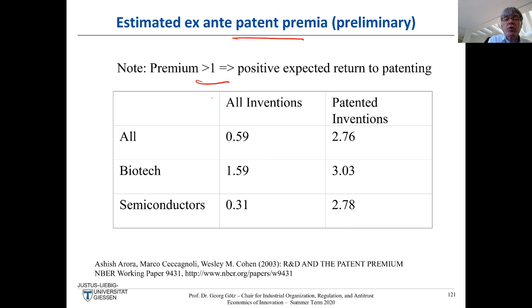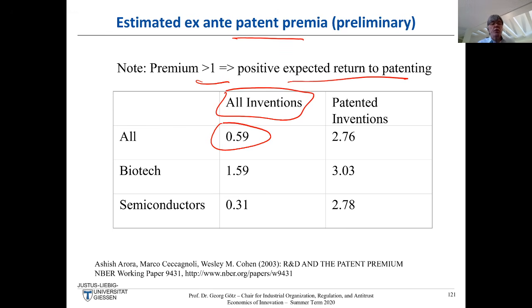And you have, of course, costs, and only if this value is greater than 1, the returns from patenting are higher than its cost. And you see, for all inventions, it's 0.59. So for each euro you spend on patenting, you get only back 59 cents. So it doesn't make sense to patent all inventions.